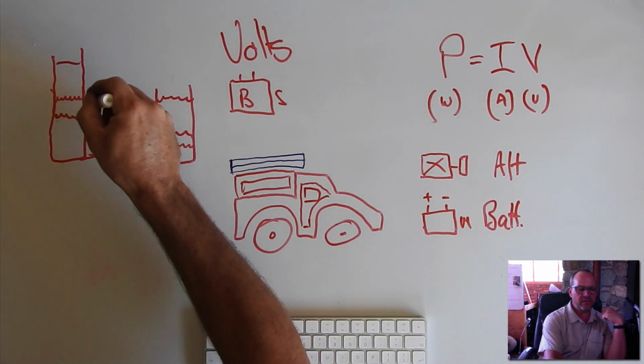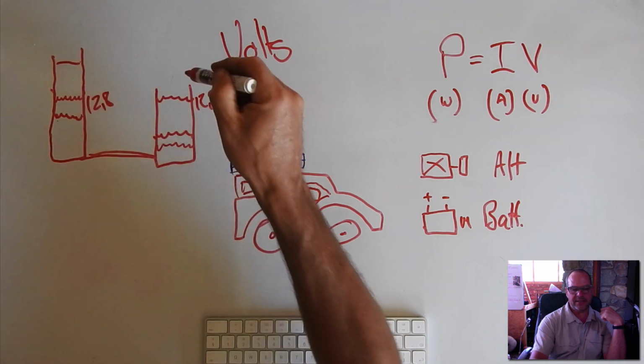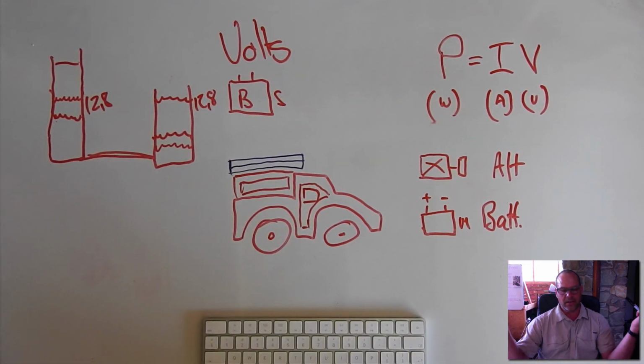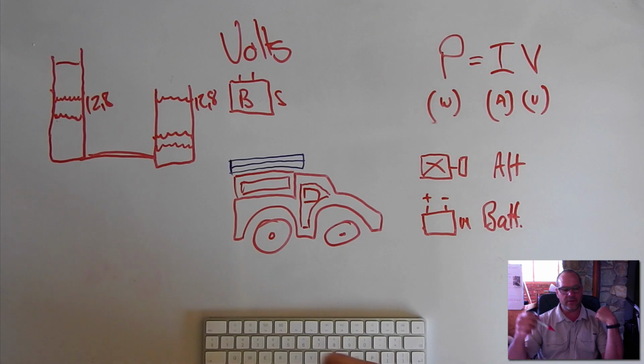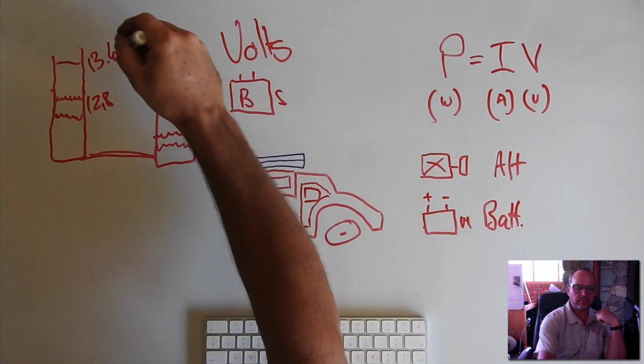So instead of, let's say this is 12.8, it's basically full. How can I get more charge into this battery? The only way I can do it is if I raise this to 13.6.